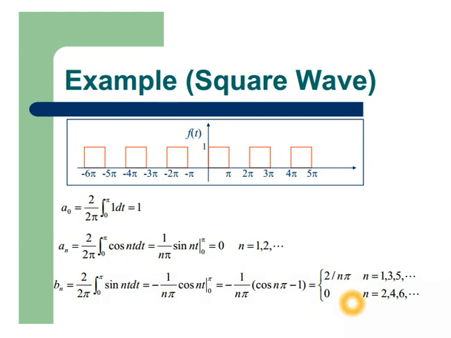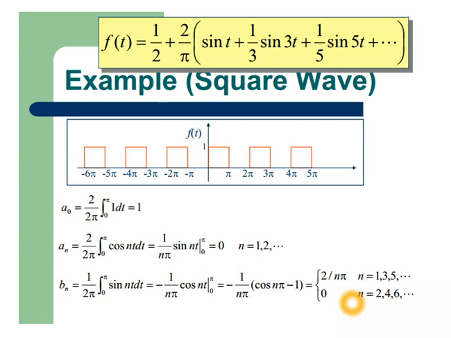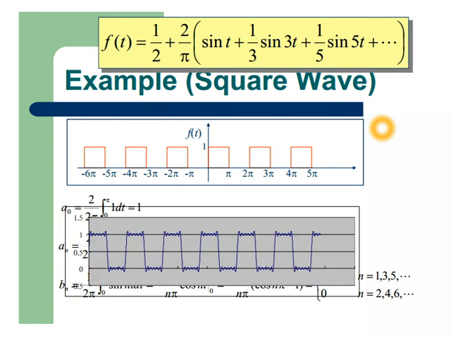Finally we got an equation equal to 1 by 2 plus 2 by pi into sine t plus 1 by 3 of sine 3t plus 1 by 5 of sine 5t, and we got a signal.